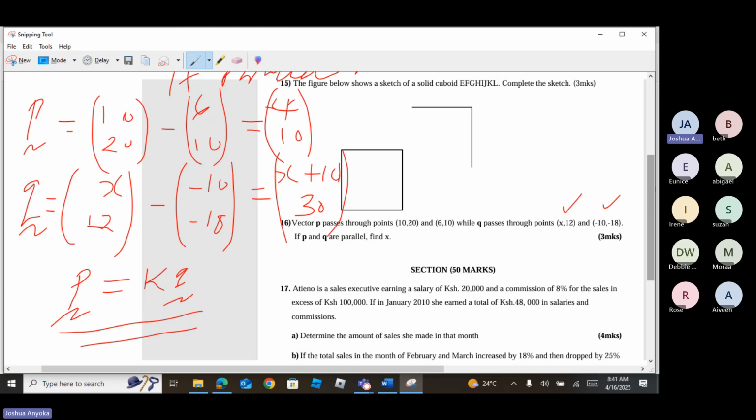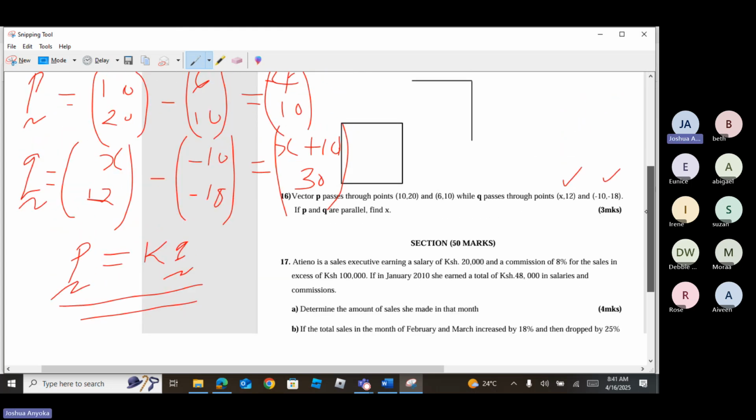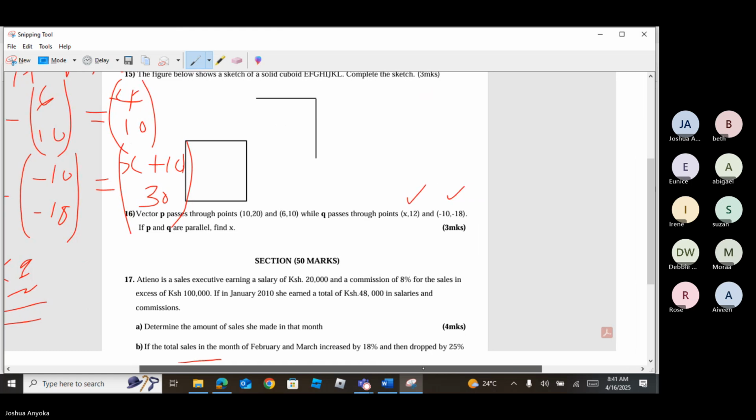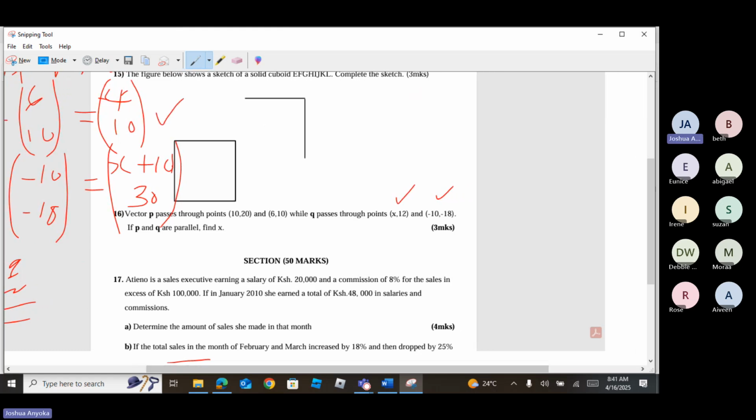Now, if that's the case, then substitute the values of P and Q as we know them. This is vector P, this is vector Q. So vector P, 4, 10 is equal to K times x plus 10, 30.